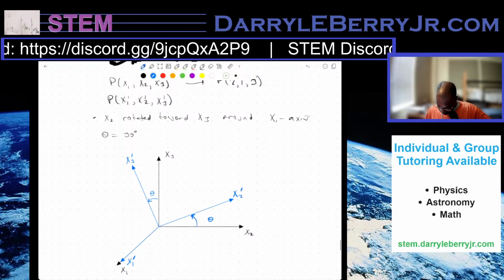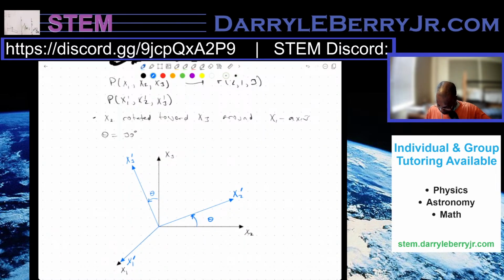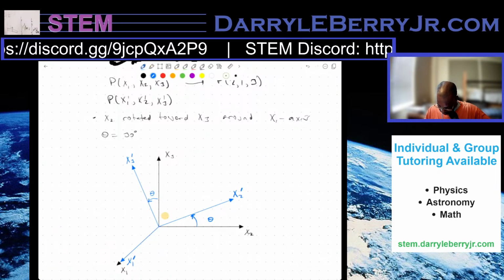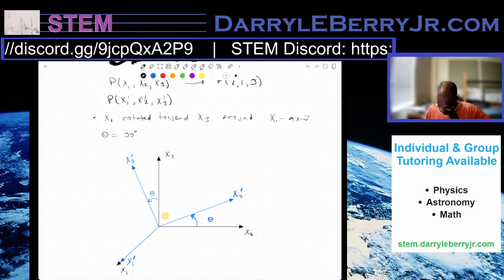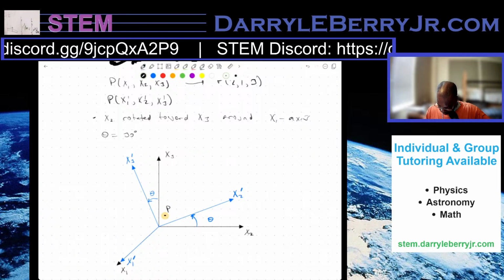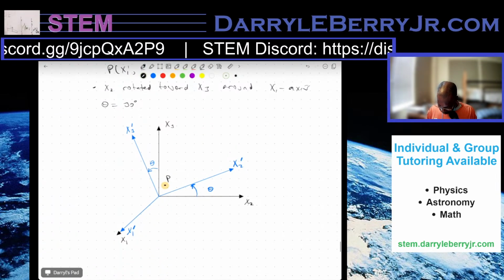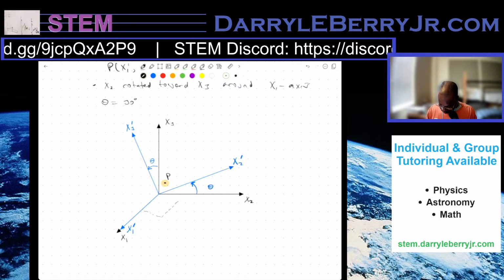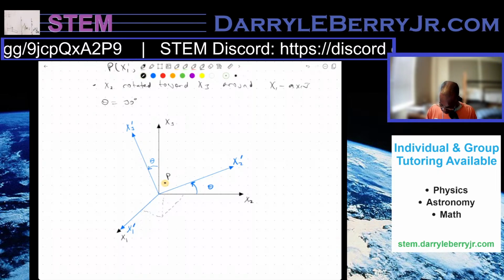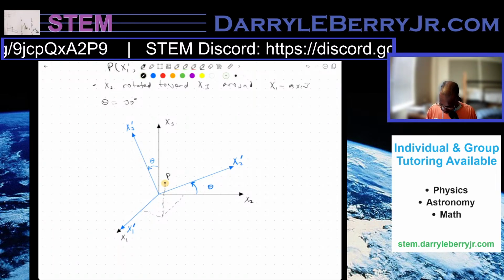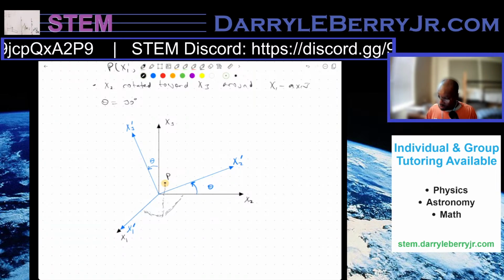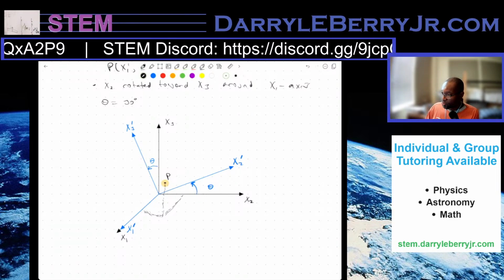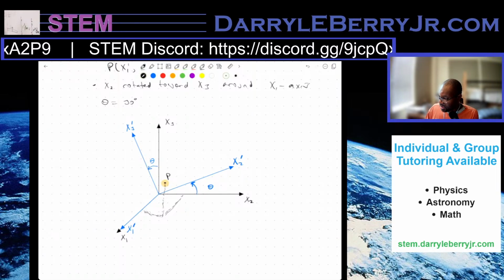And we have 2, 1, 3. So I'll call this point P. It's probably not to scale. Our P is represented in two coordinate systems, one rotated from the other by 30 degrees.